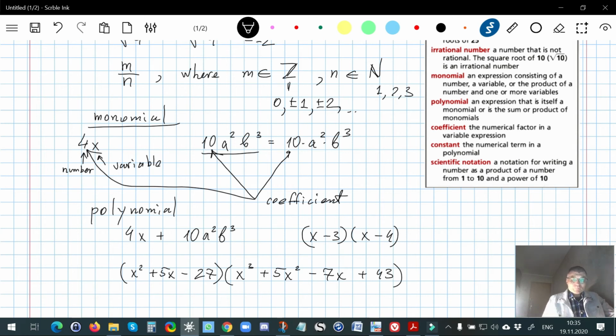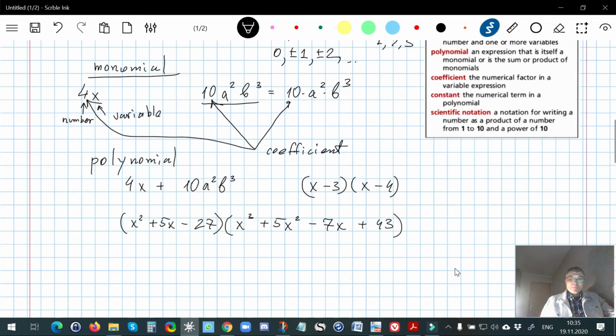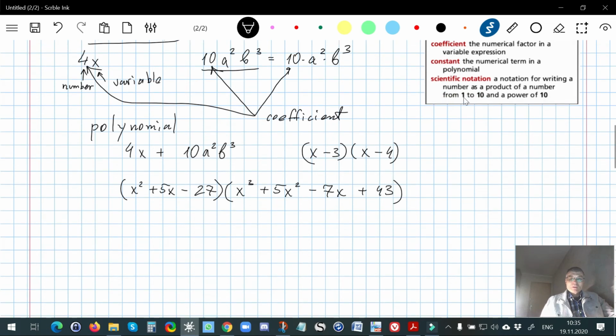And the final item of our vocabulary is scientific notation, a notation for writing a number as a product of a number from 1 to 10 and a power of 10. I'll give you one example. The charge of an electron is the smallest charge observable. We don't talk about quarks here, just electrons, which give us electrical currents.